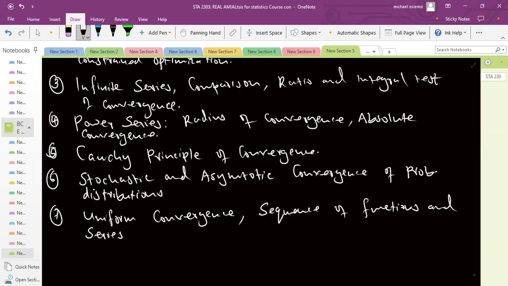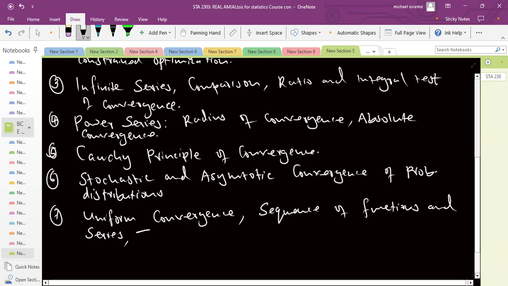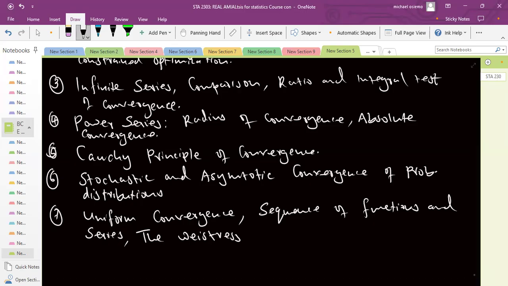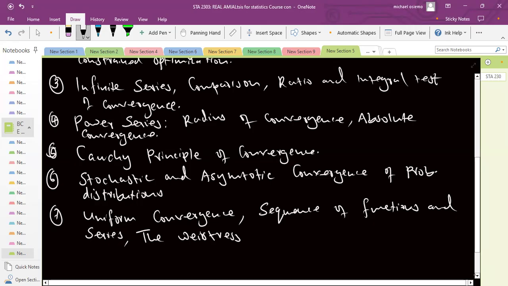The Weierstrass M test. And the Cauchy principle of uniform convergence.